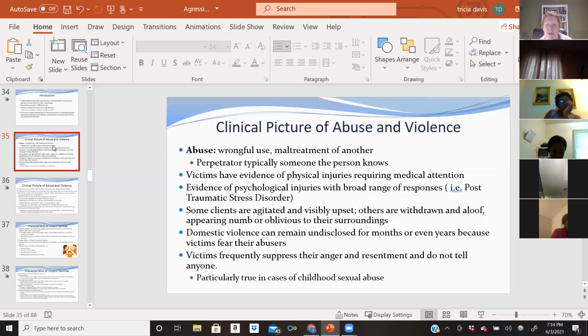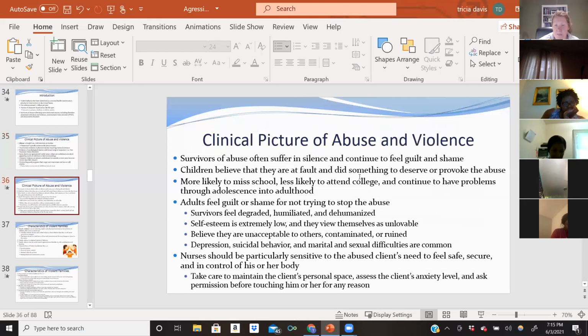Victims usually suppress their anger and resentment, and they don't tell anyone, not even their closest family members. We see that this is particularly true in cases of childhood sexual abuse. Survivors of abuse often suffer in silence, and they continue to feel ashamed of themselves. They don't have any self-esteem and they feel guilty.